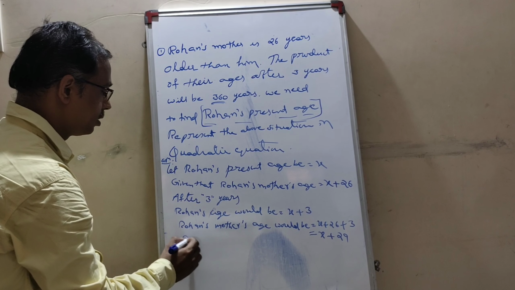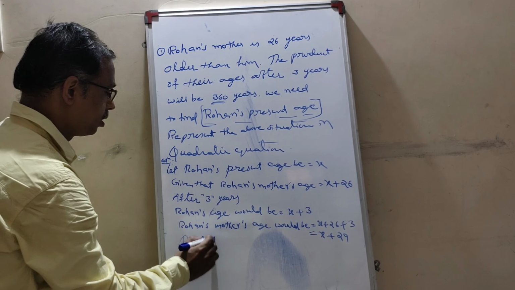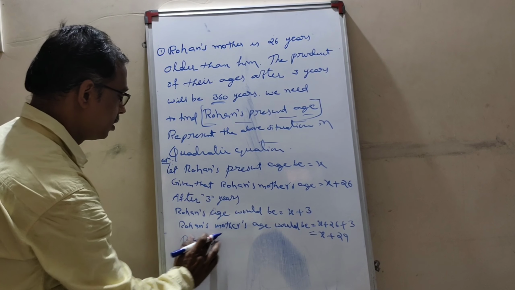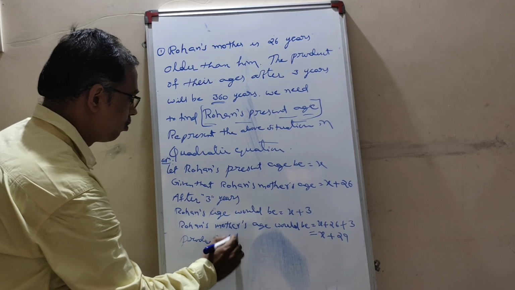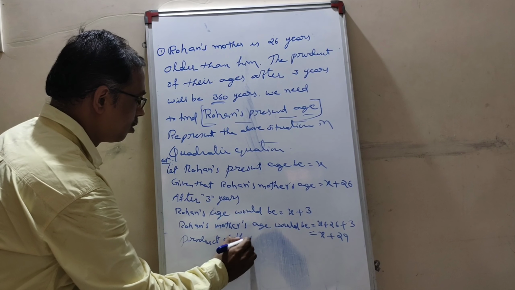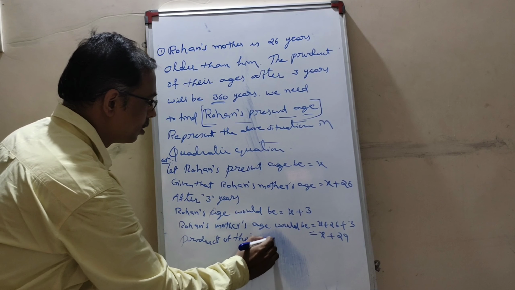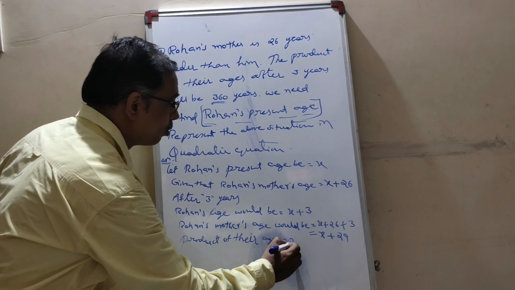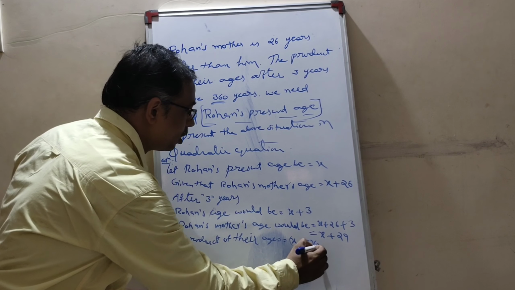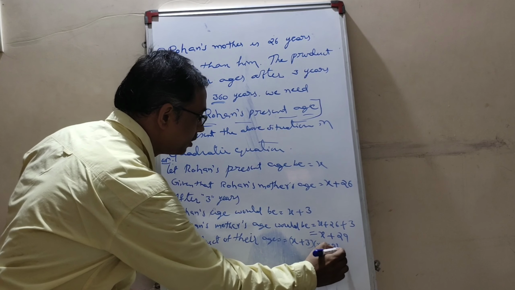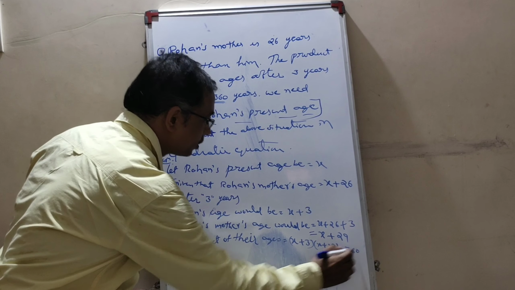So the product of their ages, x plus 3 into x plus 29, is equal to 360.